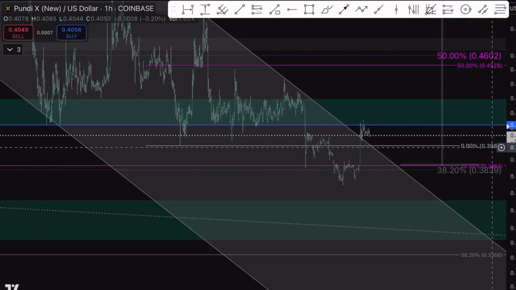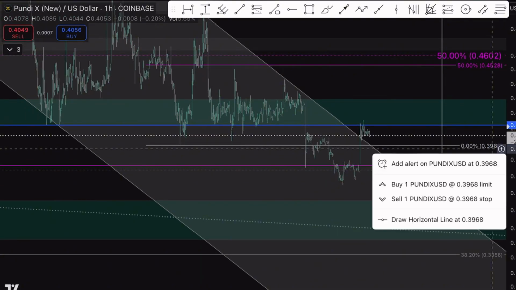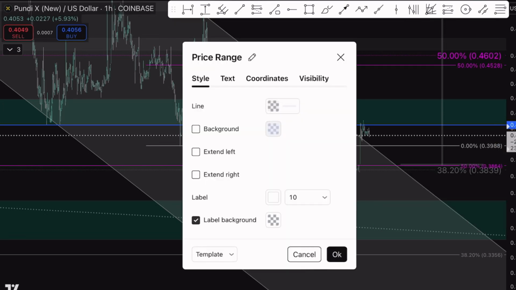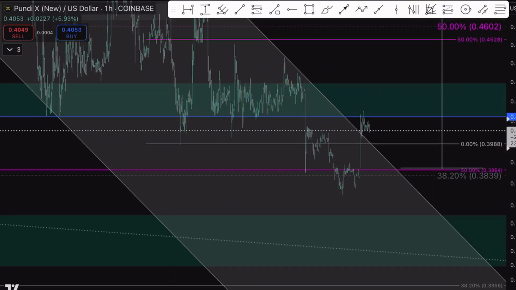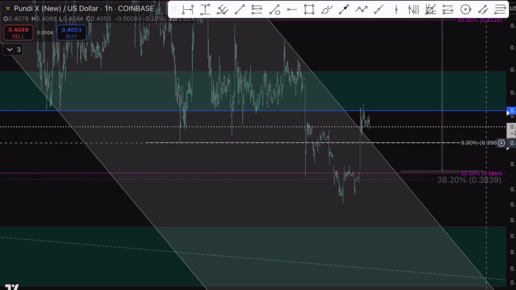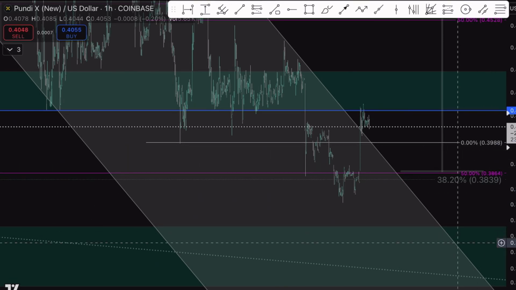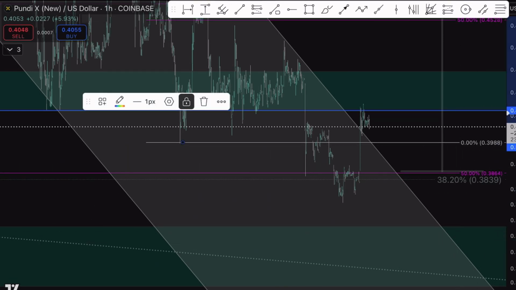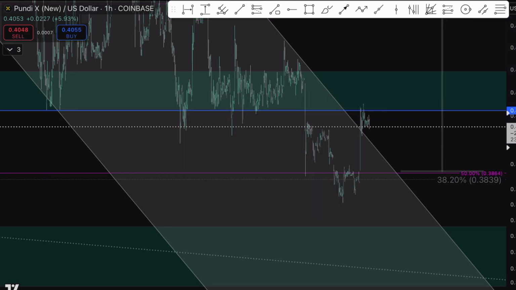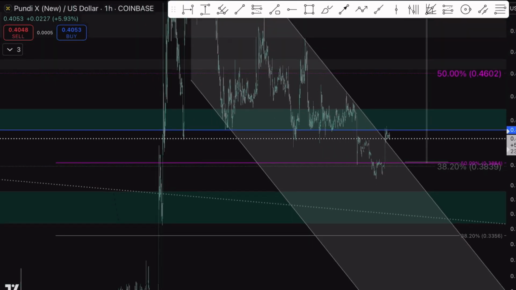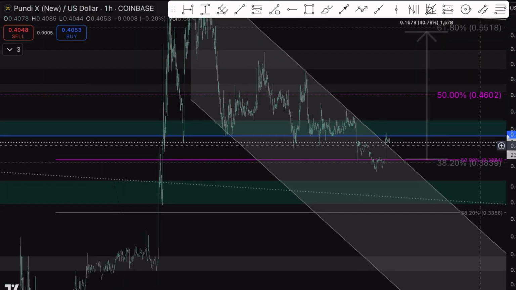So I want to see if it can go past here, past this, which I can actually get rid of this fib, because it went past the 0.